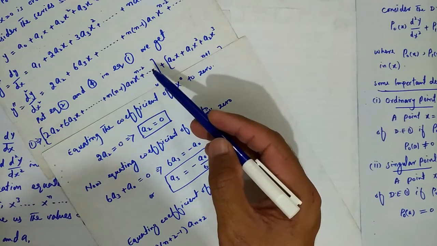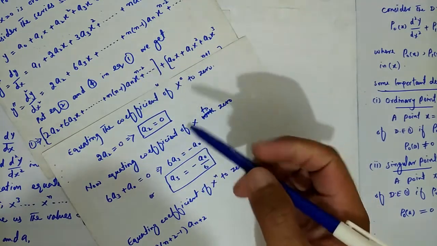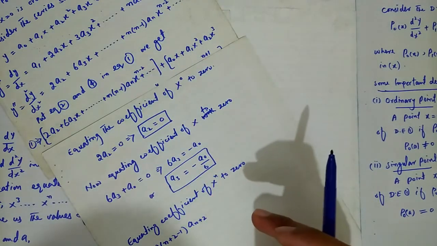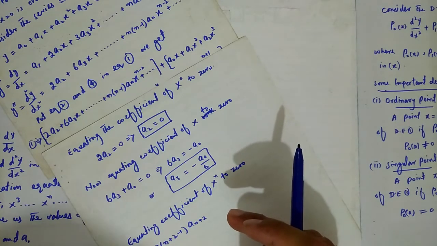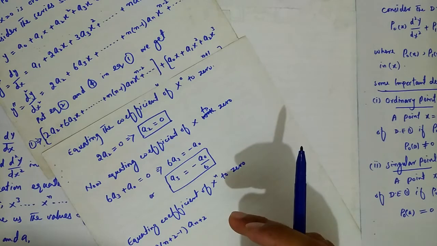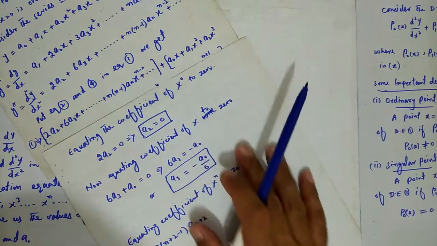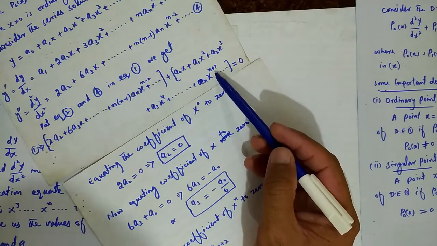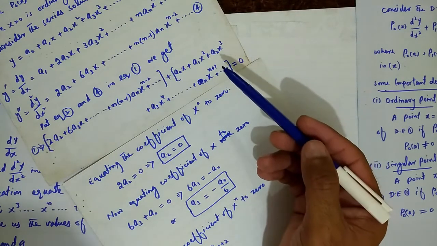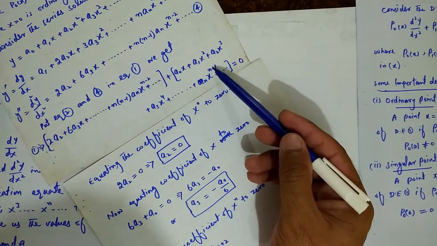Into a n x to the power n minus 1, and after that we will have n plus 2 into n plus 2 minus 1 into a n plus 2. And here in the next series, this is x to the power n plus 1, and before that we will get x to the power n.